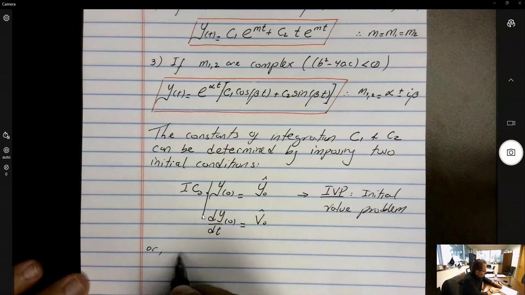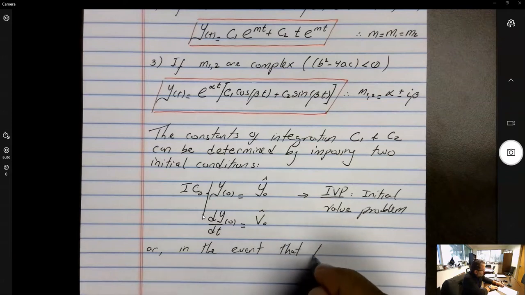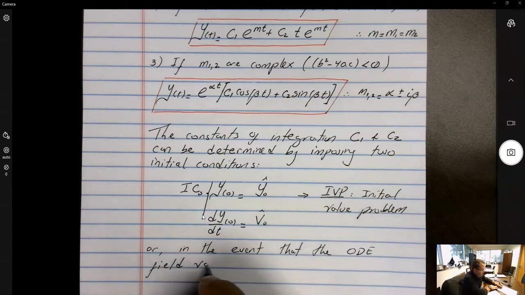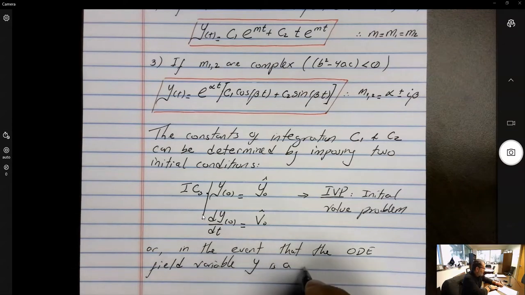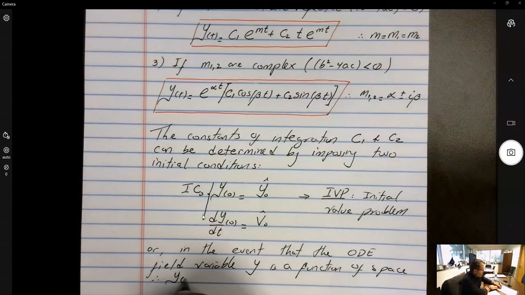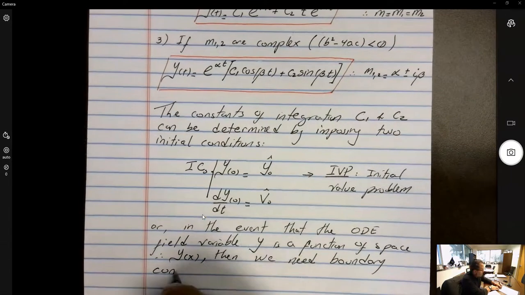Or, in the event that the ODE field variable is a function of space, i.e. y of x, then we need boundary conditions at both ends of the domain.